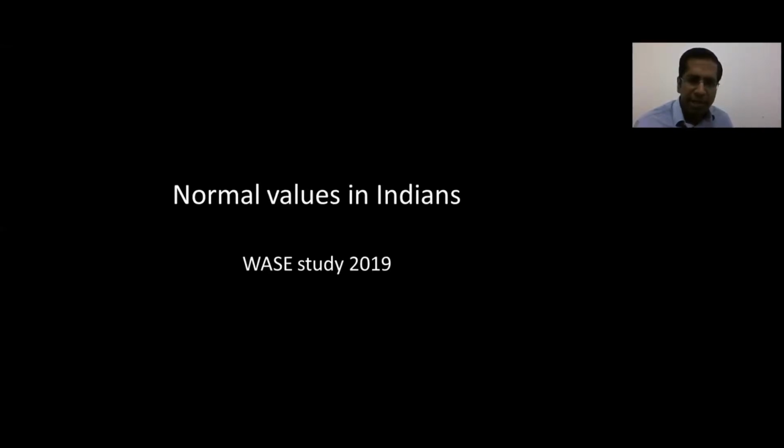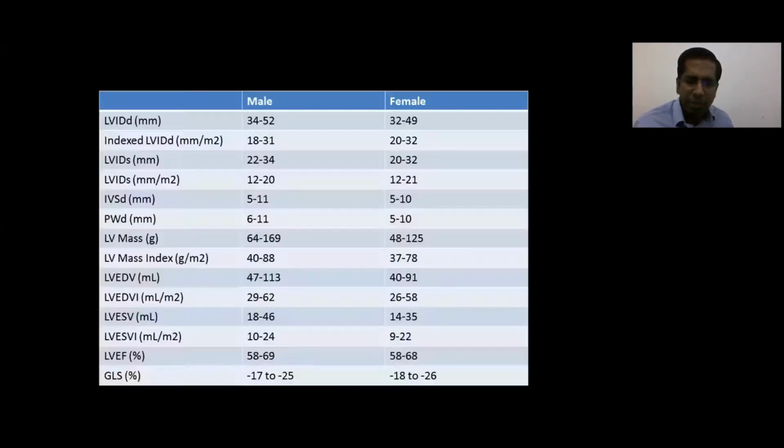But for Indians, this is something that I pulled out from the WAY study. And what you can see here is that end diastolic volume, which was 62 and 46, is 47 and 40. So Indians are smaller. This is non-indexed, and when you index it, it becomes even smaller. Likewise, for EF also, the lower limit is 58, as you can see in both males and females.